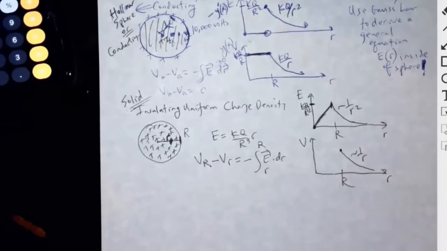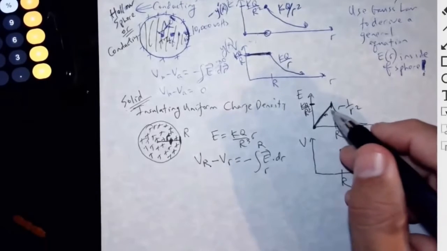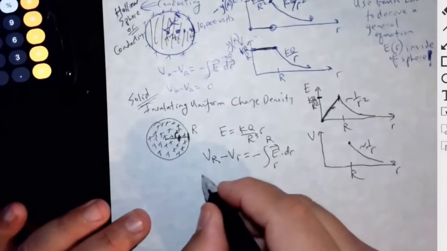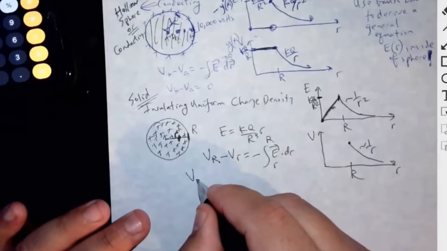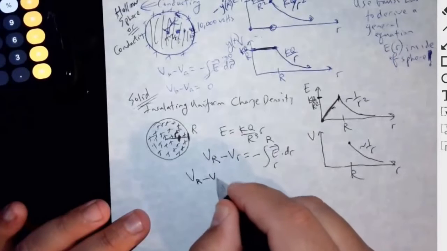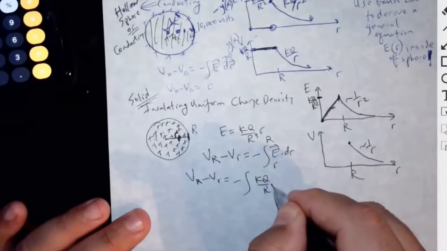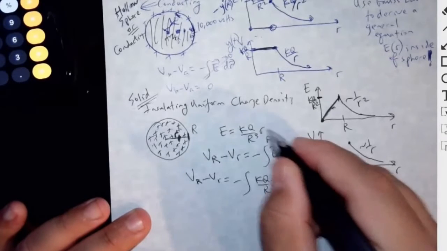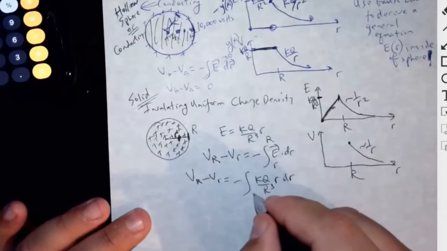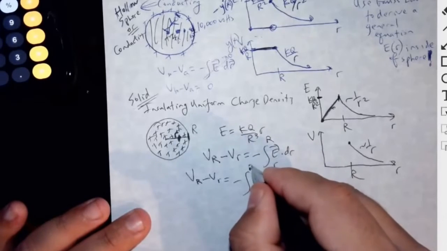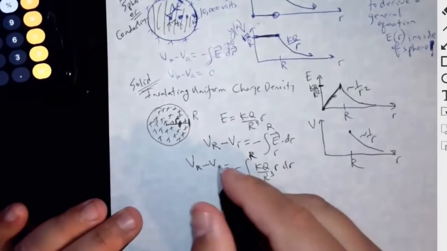That's how you do it: you first use Gauss's law to derive the E field, then you negative integrate it. So V sub R minus V sub little r is negative kQ over R cubed times r, I'm going to put this function in, dr from r to R. Then we integrate that.